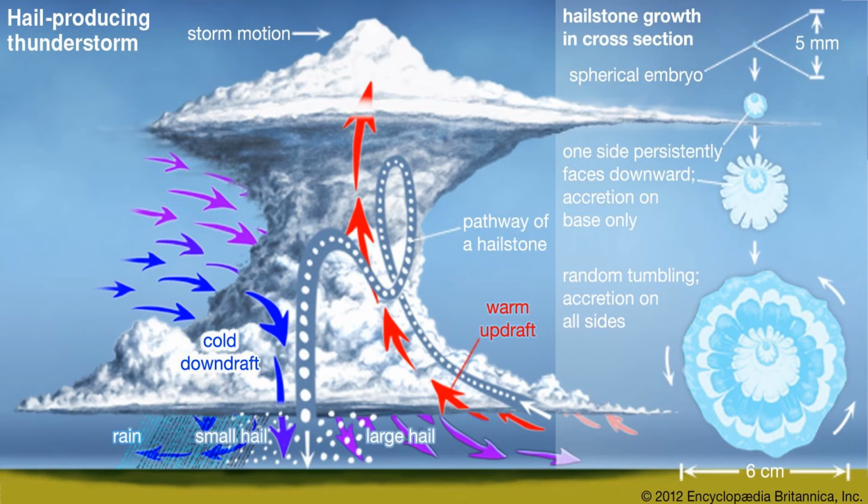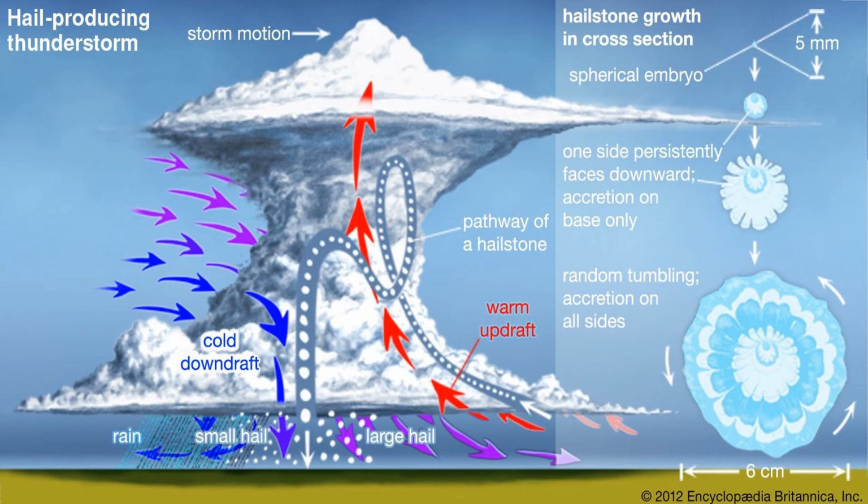Some of it is too big to melt completely, and when it comes down, another warm updraft can lift the hail into the storm cloud again. When this repetition happens again and again, we sometimes get a very large hailstone.